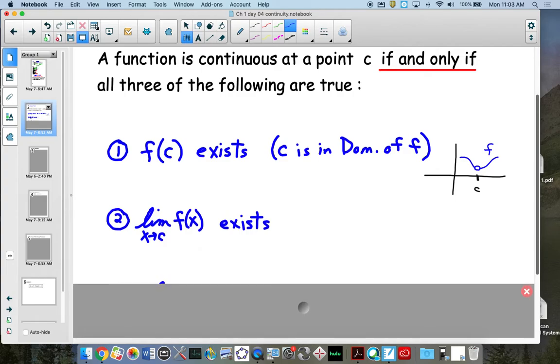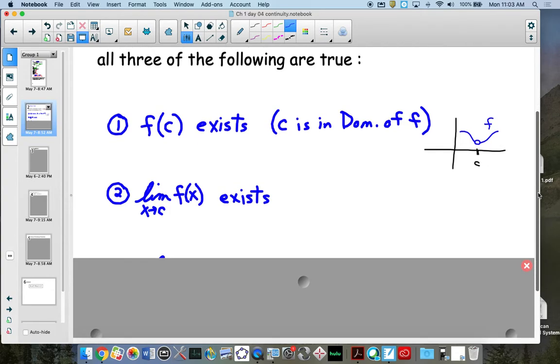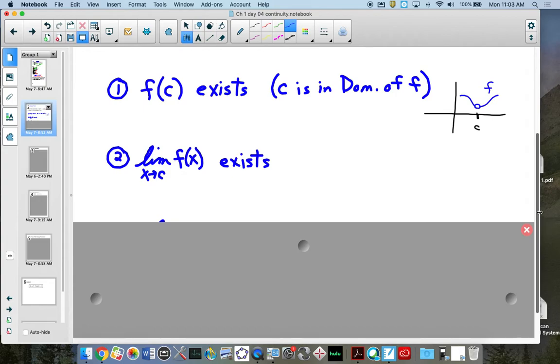The second part that has to be true, the limit as x approaches c has to exist. If you notice in that first picture, the limit does exist, but f of c does not exist. So let me show you a case where f of c exists, but the limit does not exist as x approaches c.